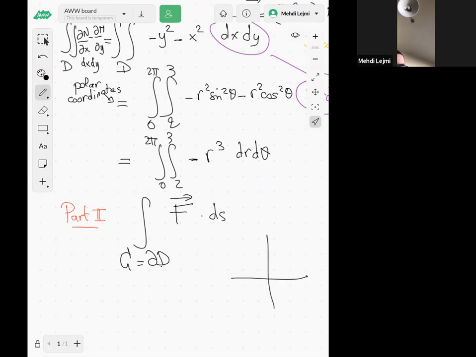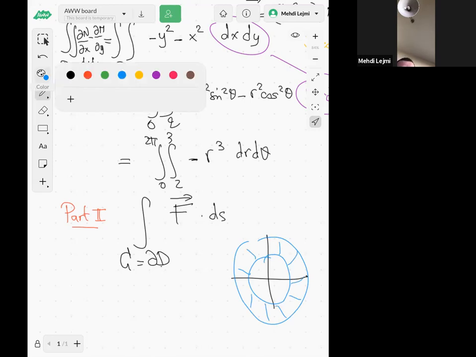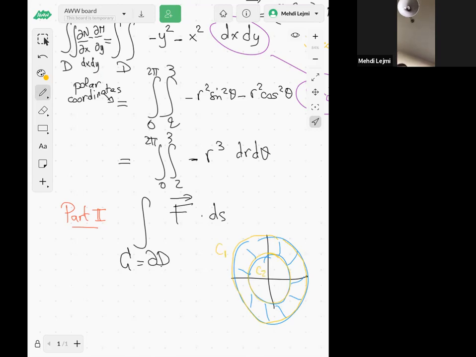The boundary of the annulus is going to be the union of two circles. Let me draw it again here. You have to make sure that we have the correct orientation. Let's call the first, outer circle C1 and the inside circle C2.